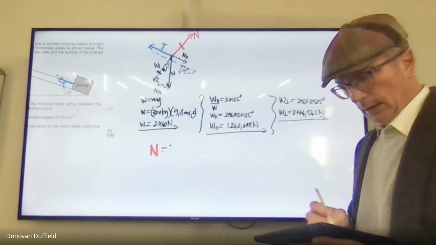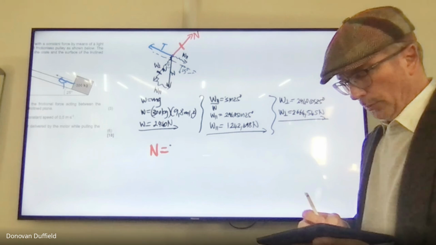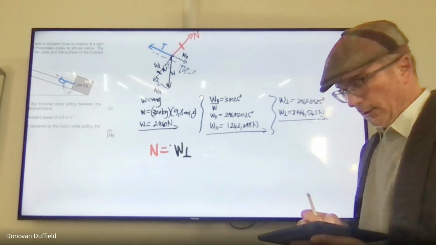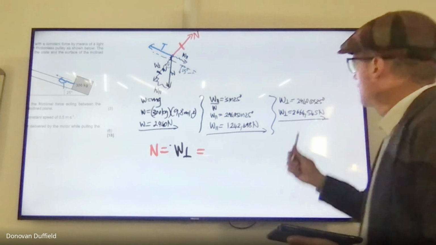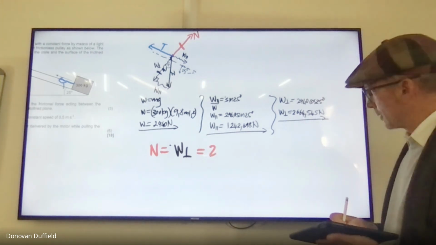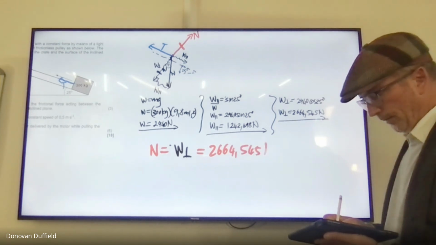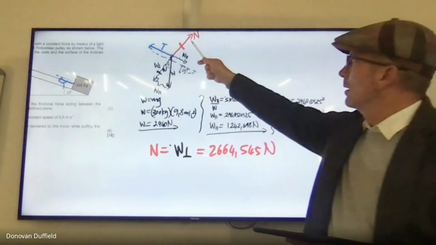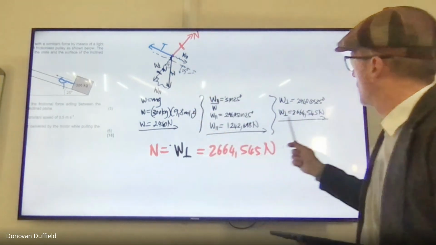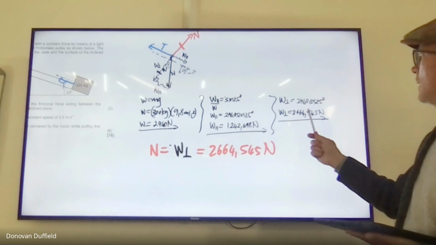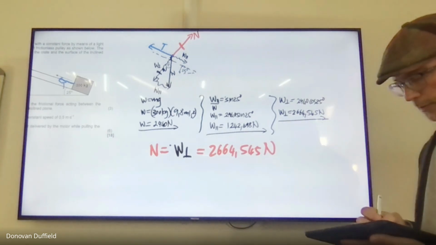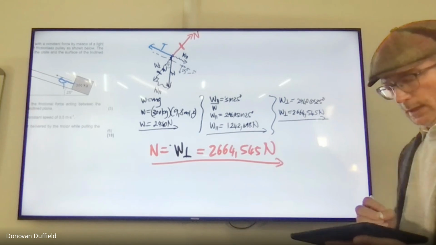So N equals W perpendicular, and we worked out that W perpendicular is 2,664,545 newtons.